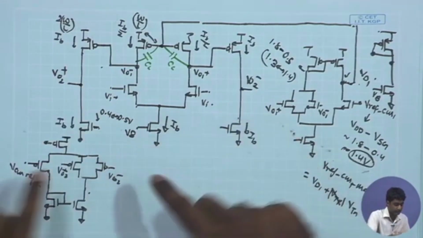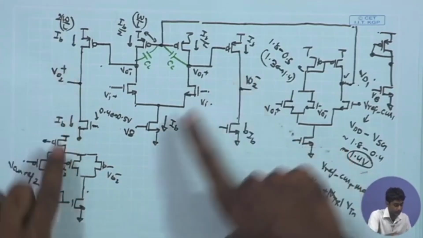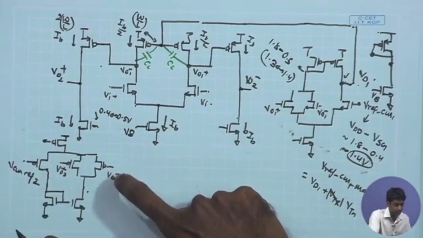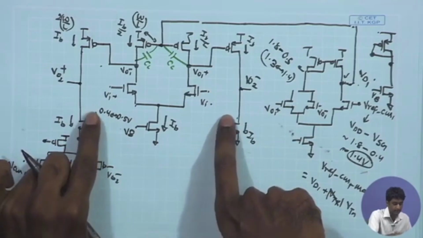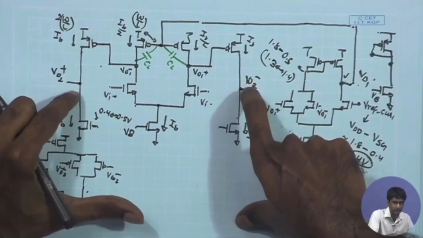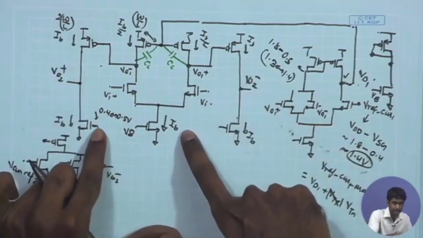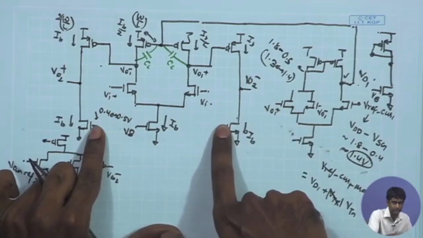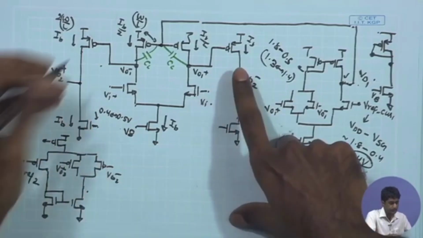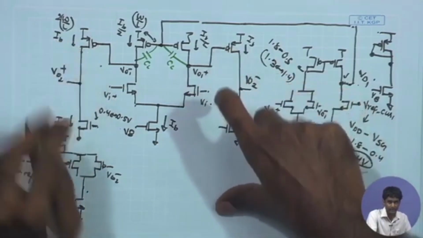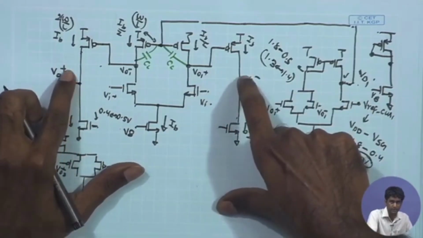So you can again trace the loop, assuming that for some reason the output common mode level over here goes up. If this goes up, I need to increase the gate voltage over here so that it is able to pull it down. If I increase the gate voltage of these two devices a little bit, it will try to pull it down, because the gate voltage of this PMOS is fixed, and you want to bring it down.